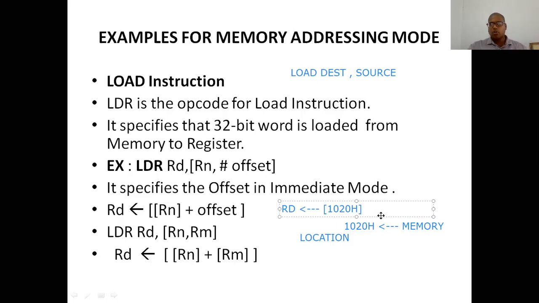That means I will go to this particular 1020H memory location, and whatever value is present there is going to be transferred into the register RD. Loading is nothing but a transfer here.